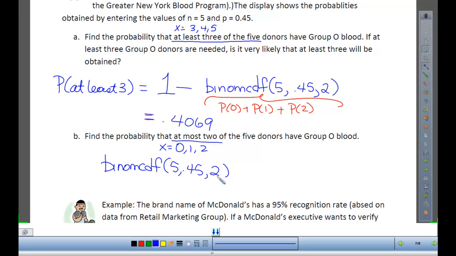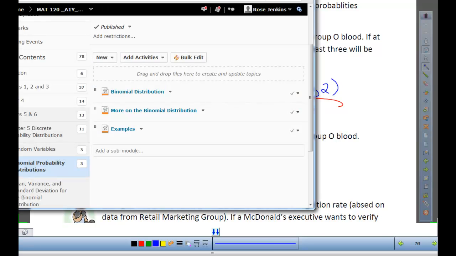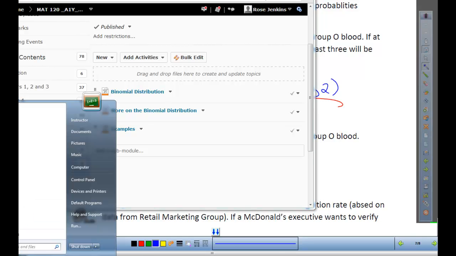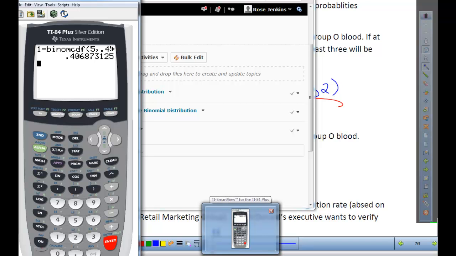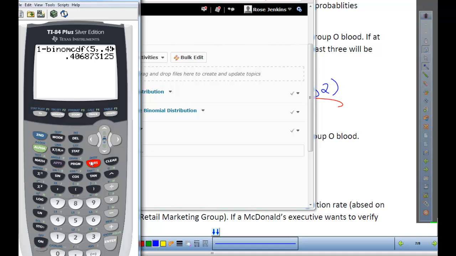Okay, and so do that on the calculator. That's not what I want. And so we get second distribution alpha B, 5, 0.45 and 2.